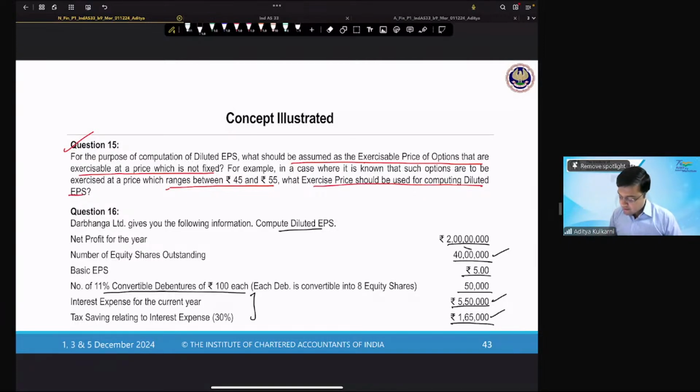Therefore, I'm just writing here net interest saved is equal to 5,50,000 minus 1,65,000. So that comes to how much? 3,85,000.